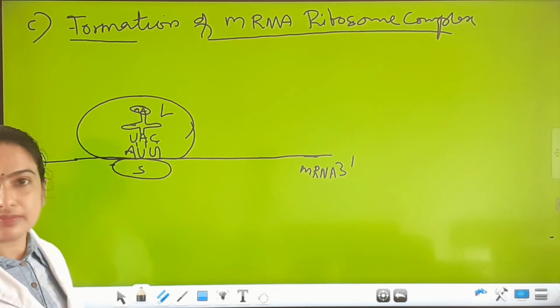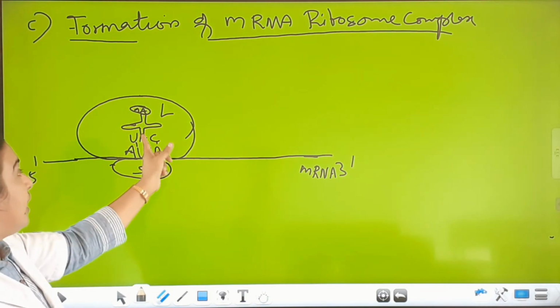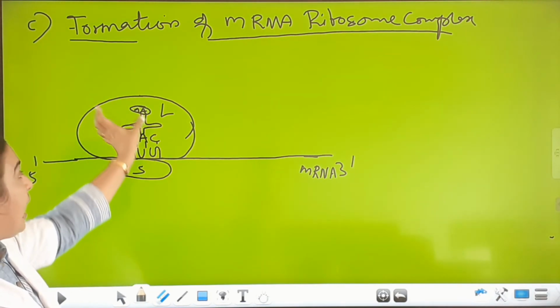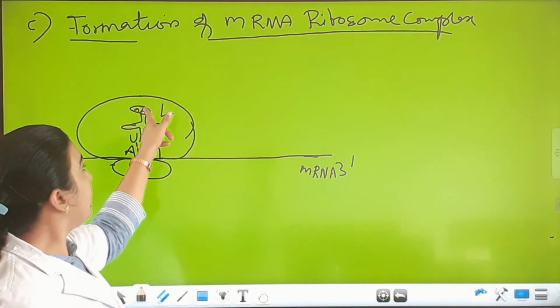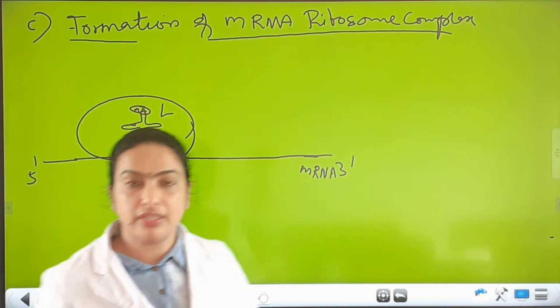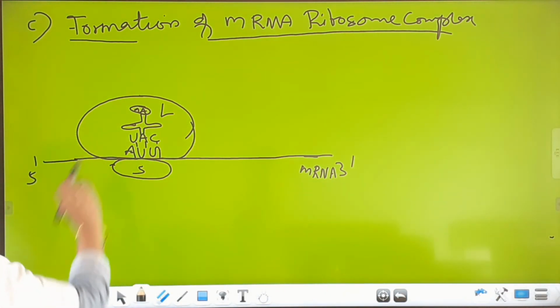The tRNA consists of an anticodon loop and an amino acid receiving end at the top. So this tRNA carries methionine amino acid. Okay, that's all about the initiation process.